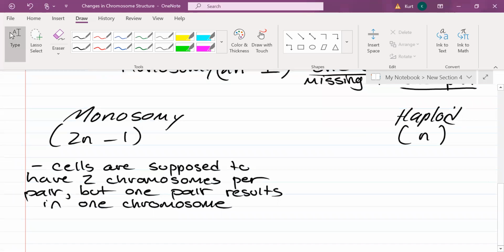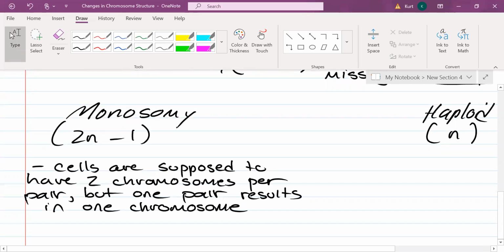No, it could be any pair. Well, it does matter, because most oftentimes if you're monosomic, you're not going to live. You need your chromosomes. You'd rather have extra chromosomes than missing a chromosome. It's not a mutation. A mutation is a change to the DNA. This is missing DNA. You're missing a chromosome.